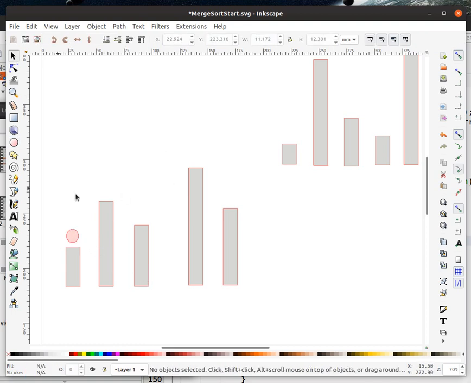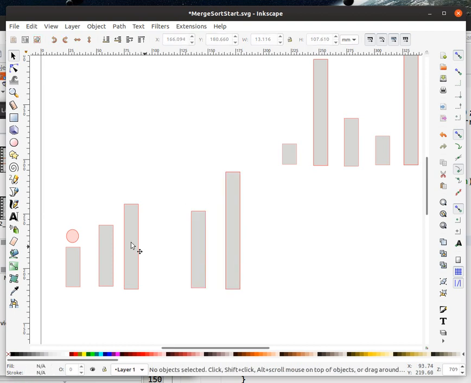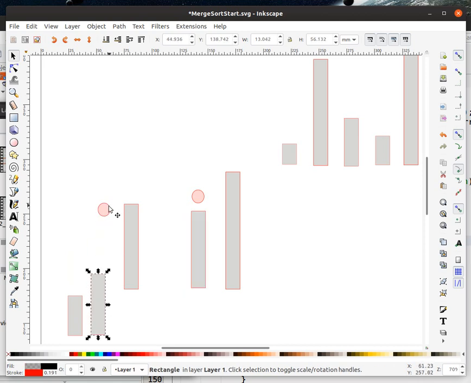And I'll do the same thing. I'll assume that I can sort the first half properly and the second half properly, and now I'm just going to merge them. So I compare these two, this one's smaller, move this over. Compare these two, this one's smaller, move this over.